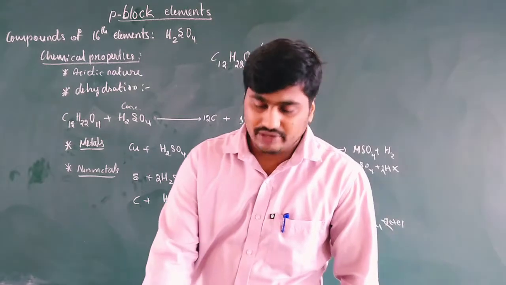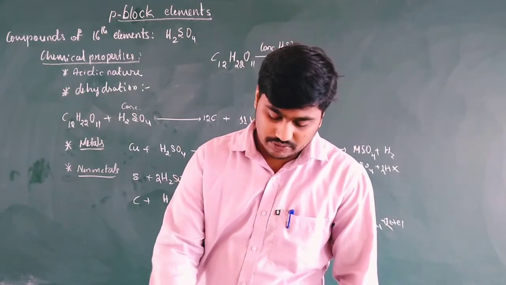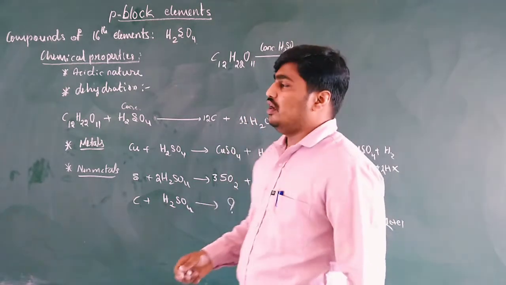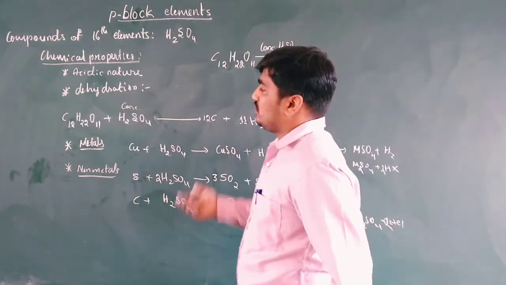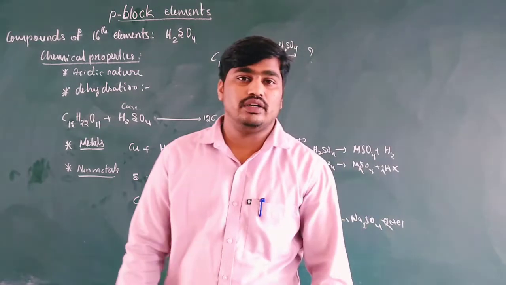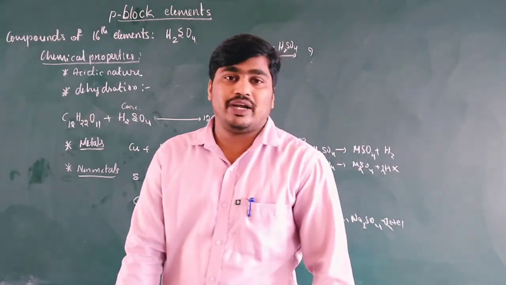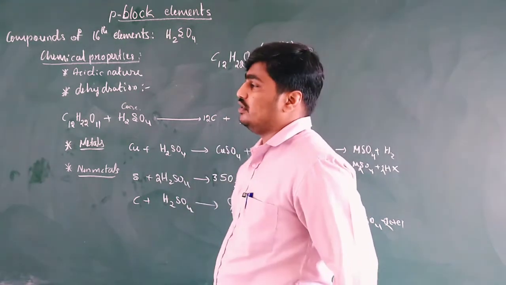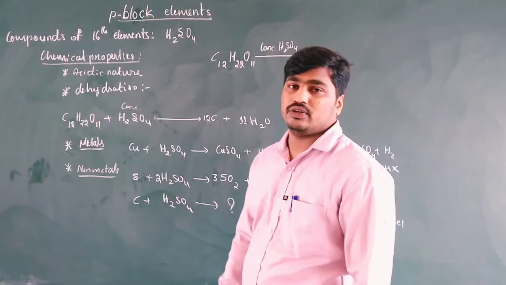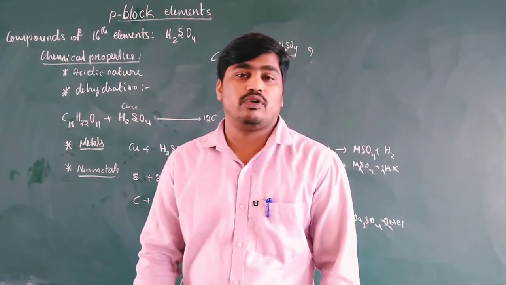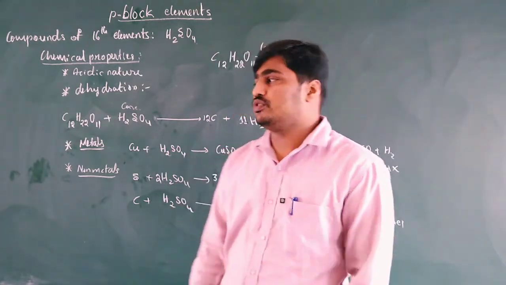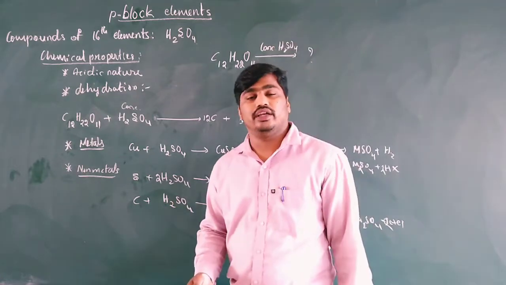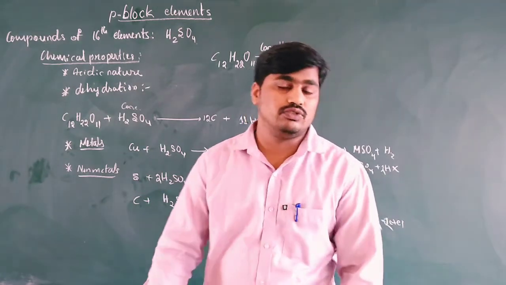Uses are not important for your exam, but we should know them for knowledge purposes. A few uses are given in your syllabus. It is used in the petroleum industry for refining purposes. Refining means purification of petroleum products. Sulfuric acid is used, and in aircraft also, sulfuric acid is used.